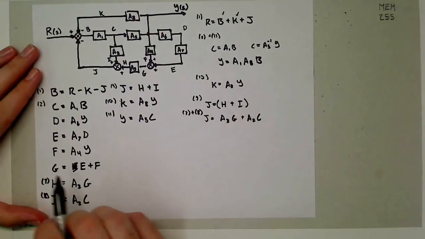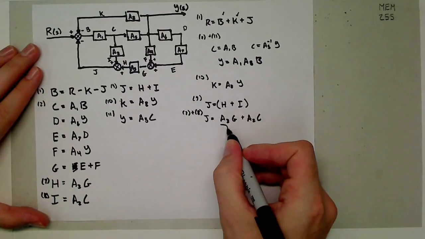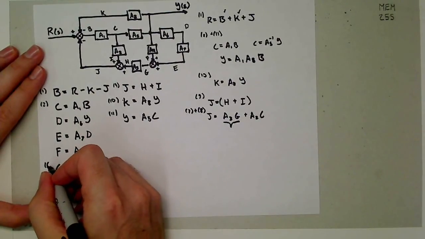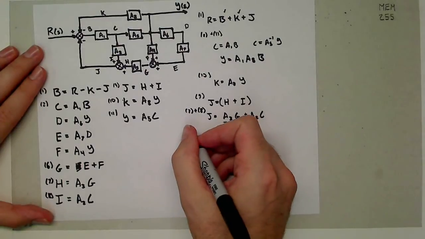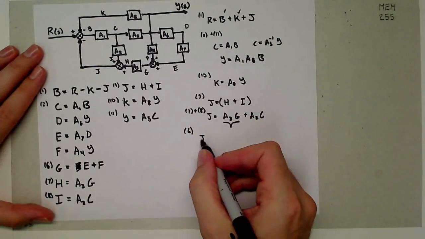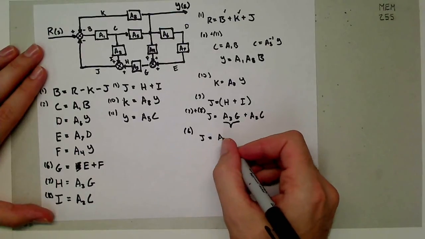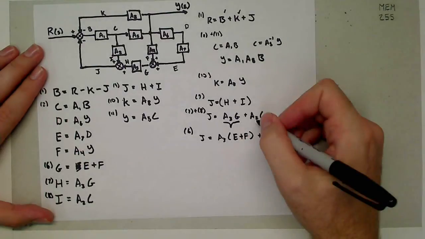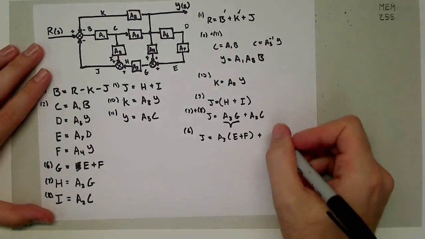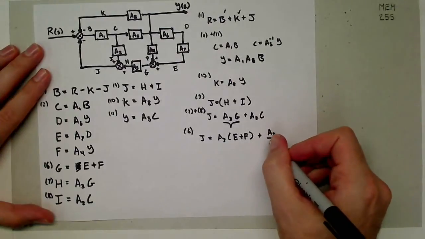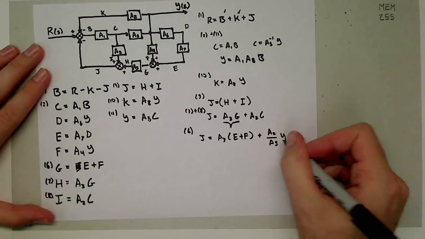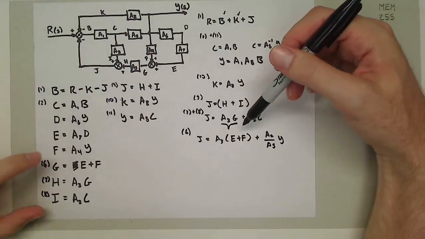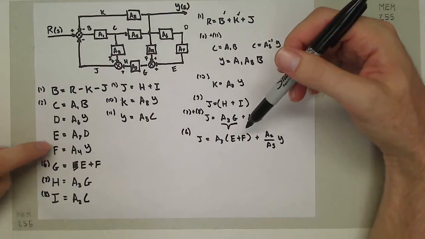Looking at that term, A3G, using equation 6, we're going to get J is equal to A3 times E plus F plus, and we can substitute in for what we have already, A2 over A5 Y. So we already have a Y term here, and we just need to get Y terms for this E and this F. We're going to use these other equations.